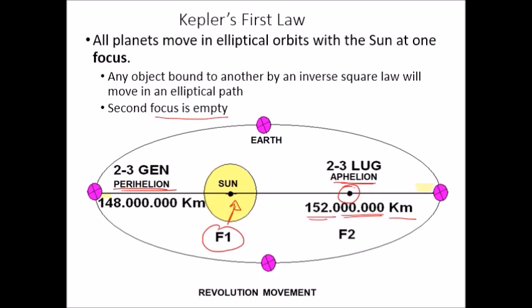The perihelion distance is about 148 million kilometers.